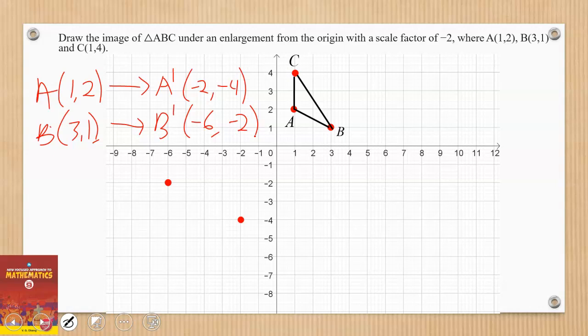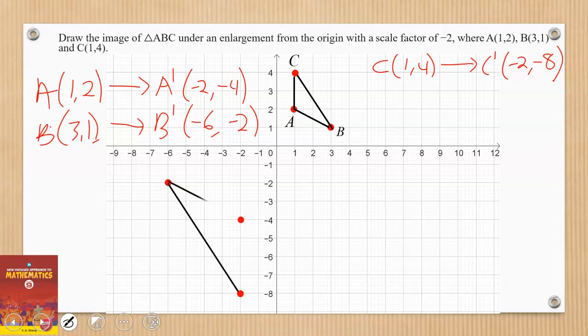Then finally, we do the same thing for C. C original gave us (1, 4), and its image C prime would be 1 times -2, giving us -2, then 4 times -2 giving us -8. Now we're going to plot (-2, -8), which will come this way.